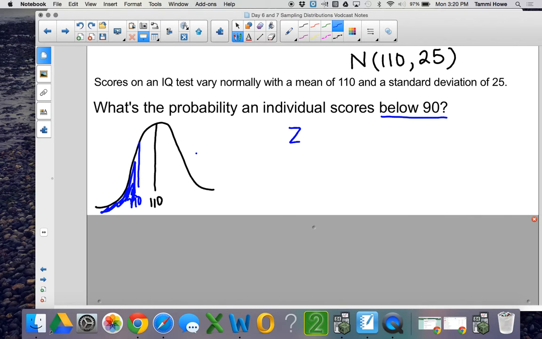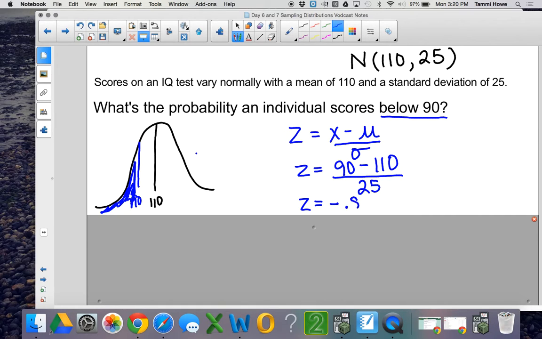We got out our formula, z equals x minus mu over sigma. We plugged in our values. X is 90, mu is 110, sigma is 25, and this gave us a z of negative 20 over 25, which should be negative 0.8.